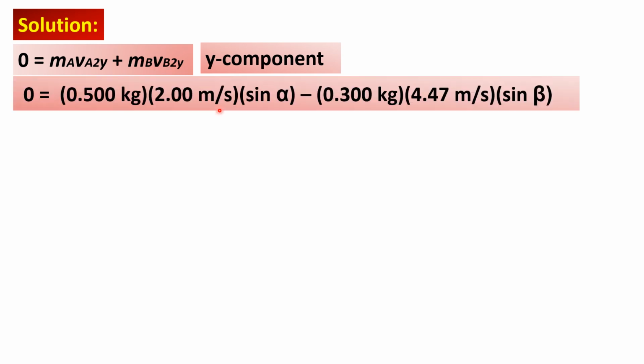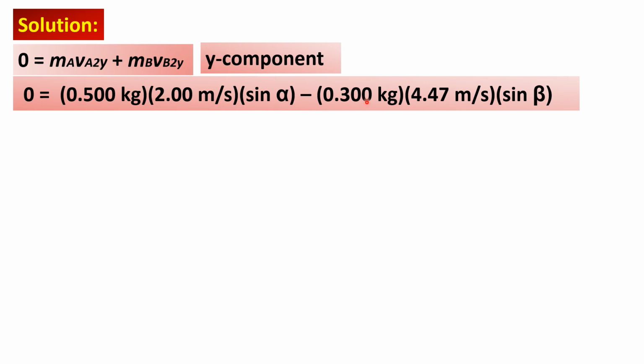And plugging in the given data, we have 0 is equal to mass of particle A, which is 0.500 kilogram, times the y component of its final velocity, which is 2.00 meter per second multiplied by the sine of the angle alpha. We use sine because we are looking for the y component of the final velocity.